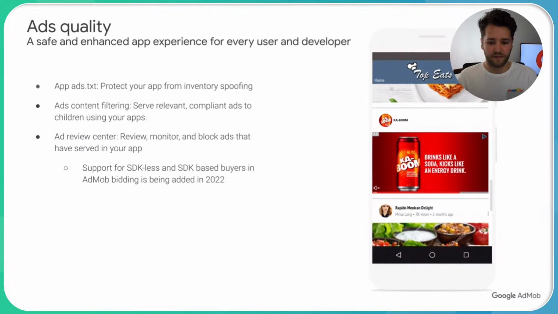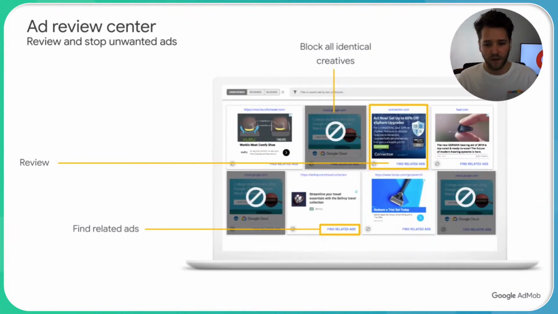You also have an ad review center, which enables you to remove or block certain types of ads you don't want to see in your game. So that's it for the control in terms of where the ads are coming from, and whether you want to show the ads or not.